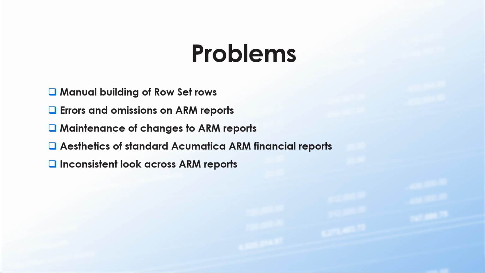And then finally, the look and feel of the standard reports, with just a single line per account class, for example, is not the most professional compared to some other products. And just trying to make a change across a suite of products is a very, very long process.